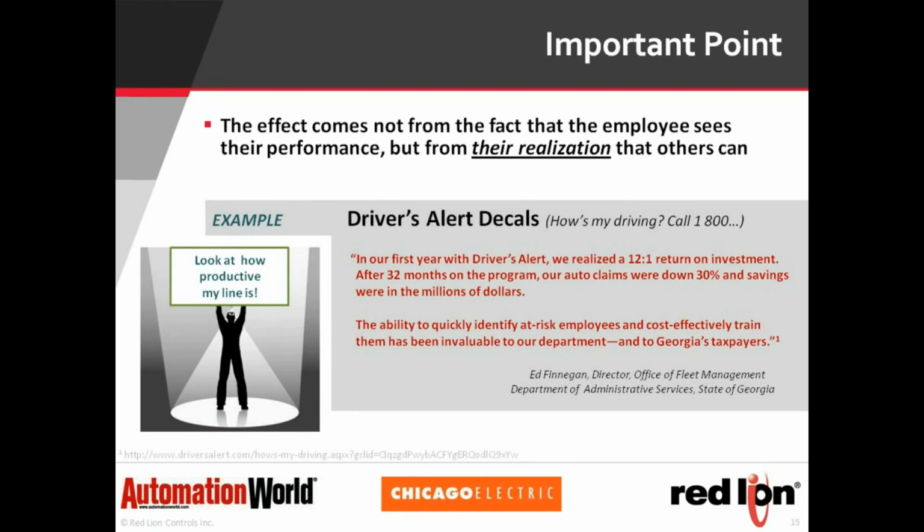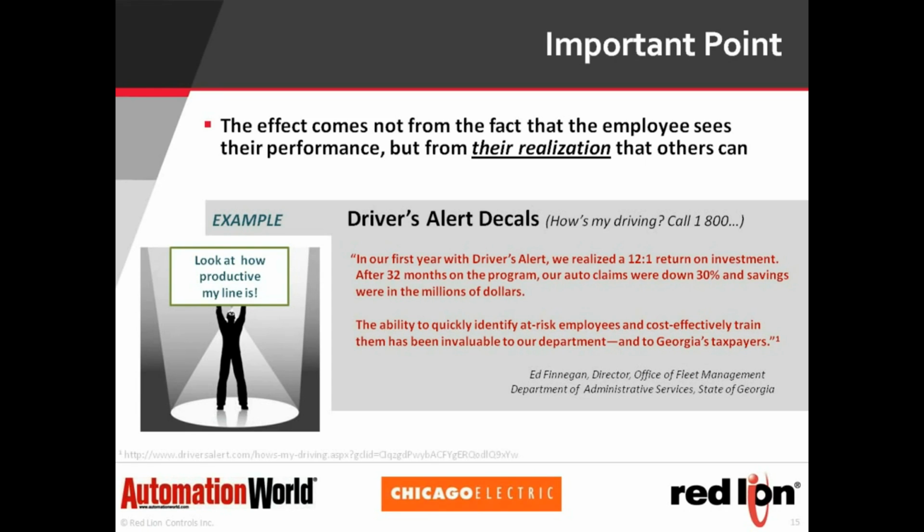Now, this is an interesting example. We've all seen those "How am I driving" bumper stickers on the back of vehicles, and the director of fleet management for the state of Georgia said that they threw these stickers on their vehicles, called the number of drivers driving poorly, and their auto claims went down 30%, savings were in the millions of dollars, et cetera, et cetera.